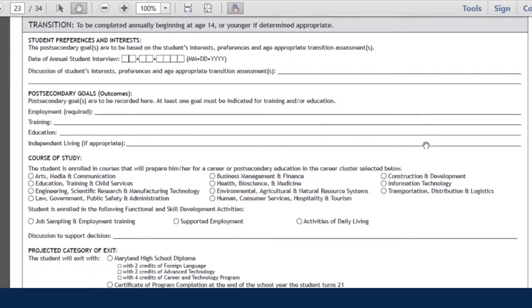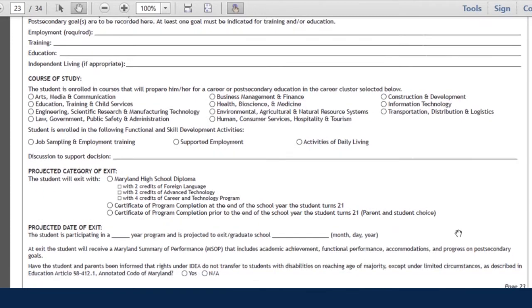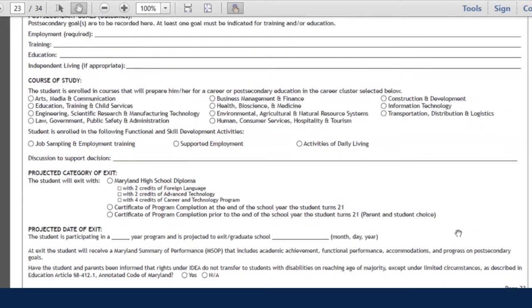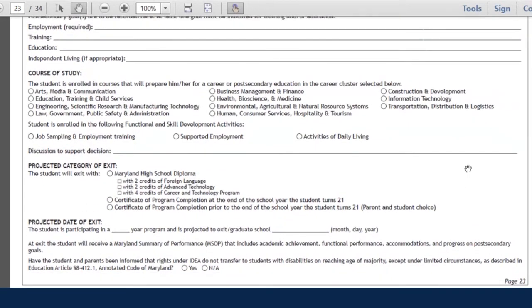So parents and children together can talk about the different options and areas of interest which would help to decide where they would go to school. This is also a time that we talk about planning for exiting the school system. So we talked about whether or not the high school diploma or certificate.